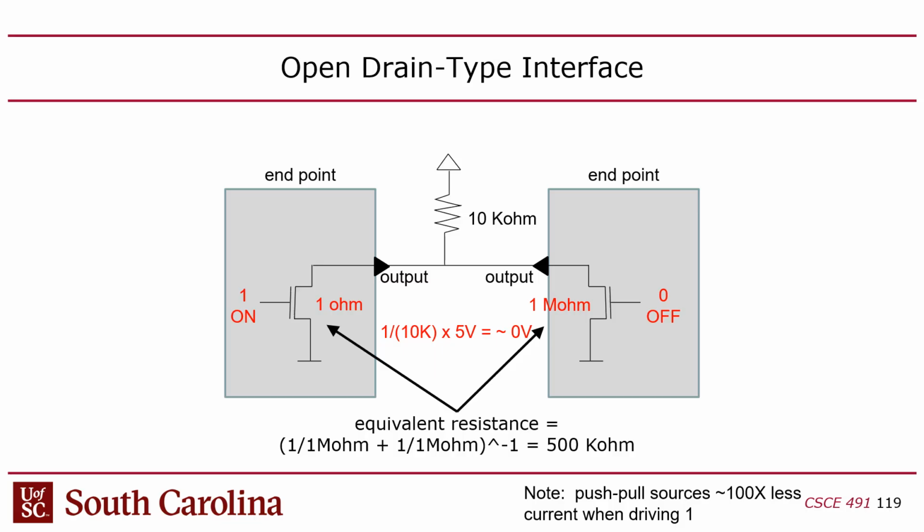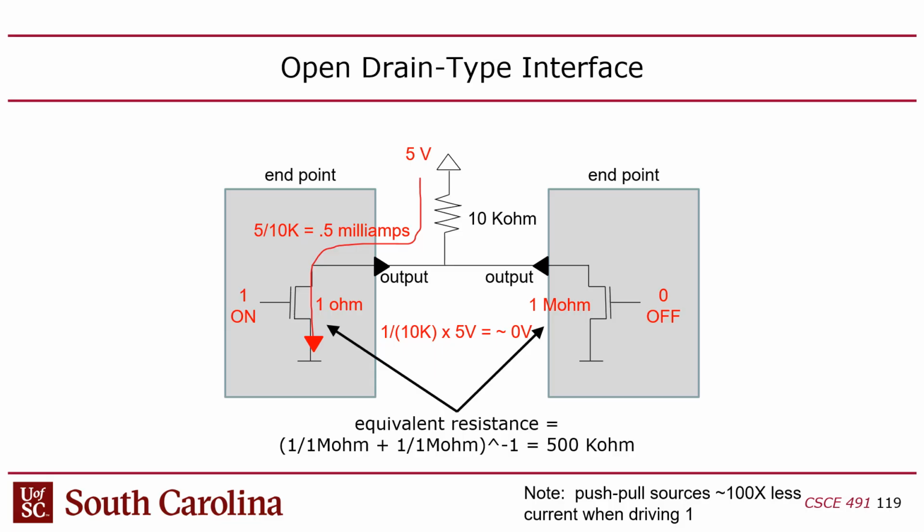Except now my leakage current is, I've got 10 kilohms essentially between power and ground, right? So that's half of a milliamp. So that's 500 microamps that I'm going to suck if any of these guys decide to pull down to 0, right?